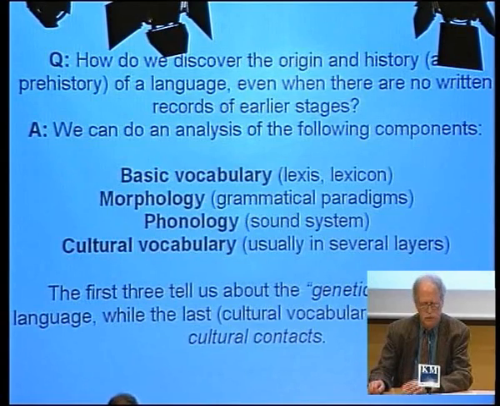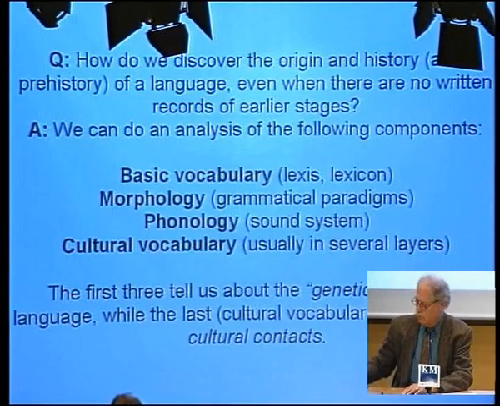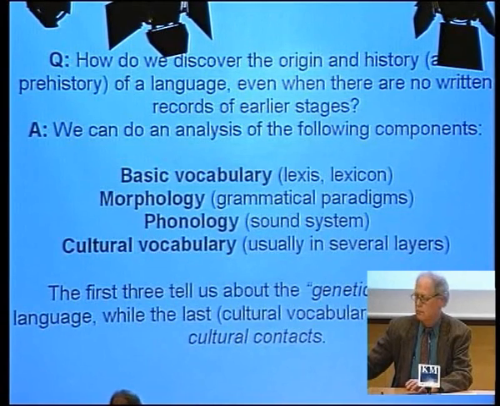And these words are borrowed to fill a gap in the borrowing language. So the first three of these, basic vocabulary, morphology, and phonology, tell us about the genetic origin of a language, while the last one, cultural vocabulary, tells us about cultural contacts.